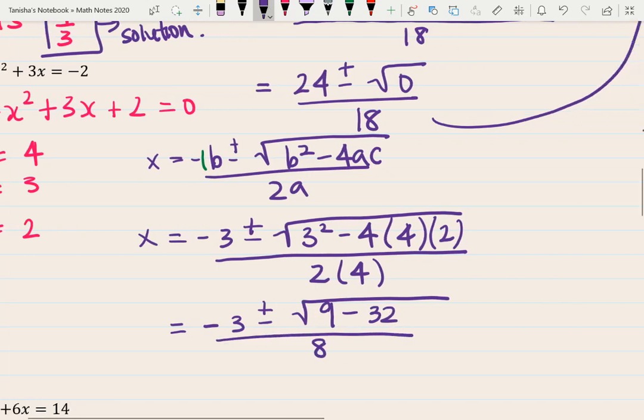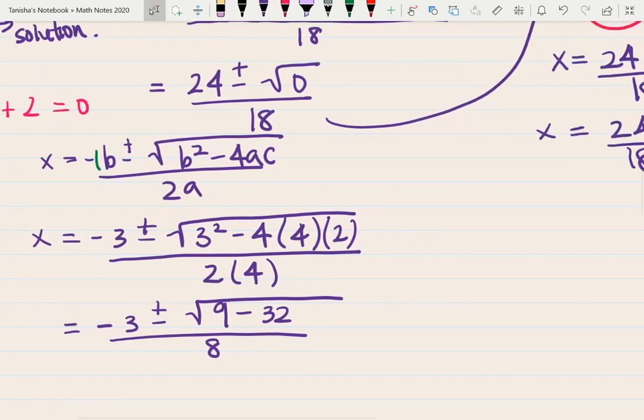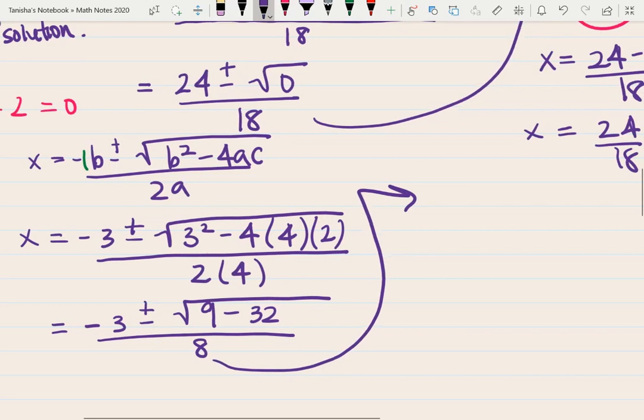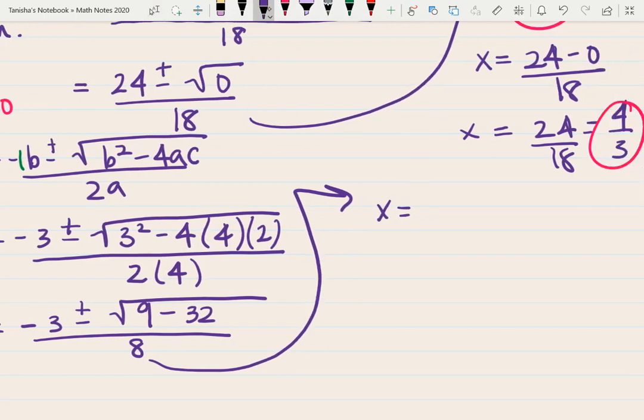And again, I'm going to move my solution over so I don't go into the next question's solution area. So we have x equals -3 plus or minus the square root of 9 minus 32. That's equal to -23, all over 8.